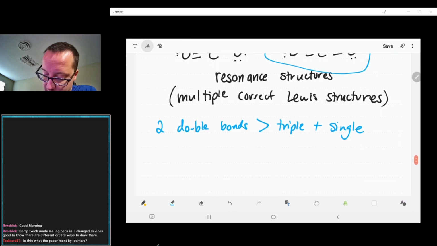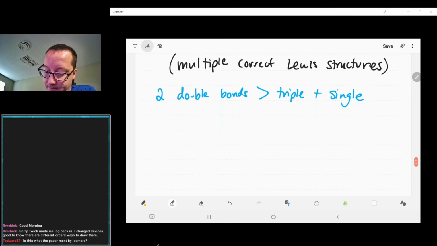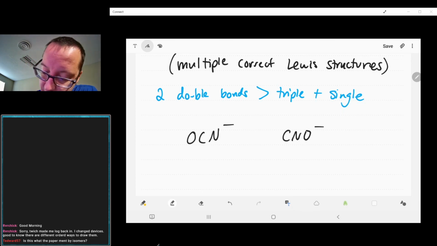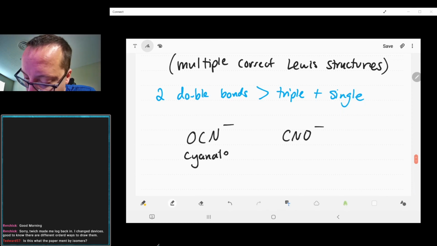Let me clarify what an isomer can be. An isomer could be something like these two. This one is called cyanate, and this one is isocyanate.